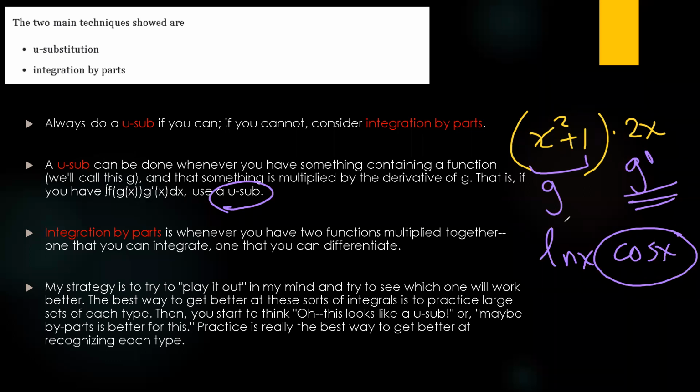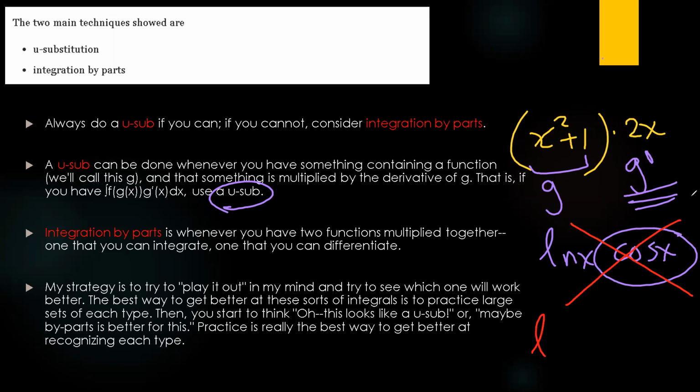Ask yourself, if this is the function, can I find its derivative? Is the second function its derivative? If yes, this is U substitution. If no, it will be integration by parts. If you find ln and cosine, what is the integration of cosine? Is it ln? No. Is the integration of ln cosine? No. So we cannot solve it by U substitution.